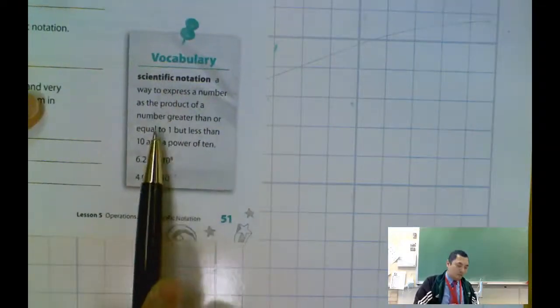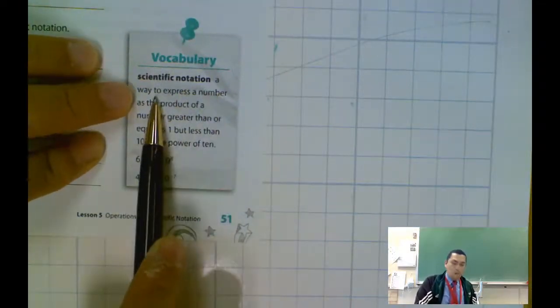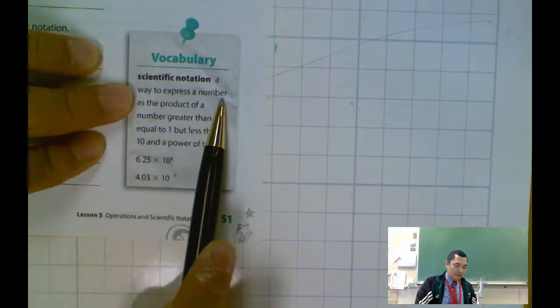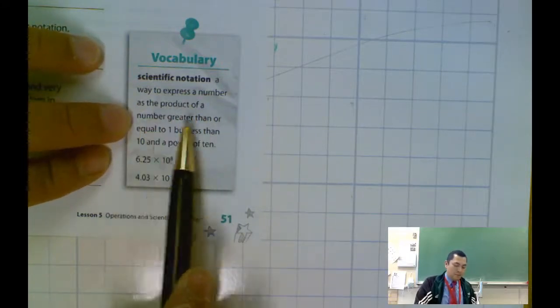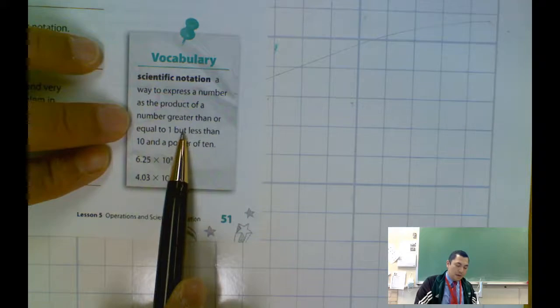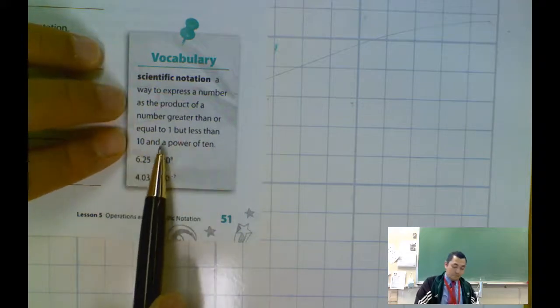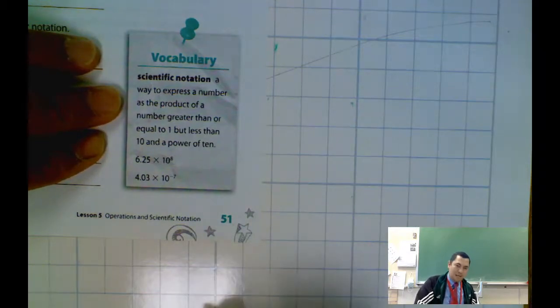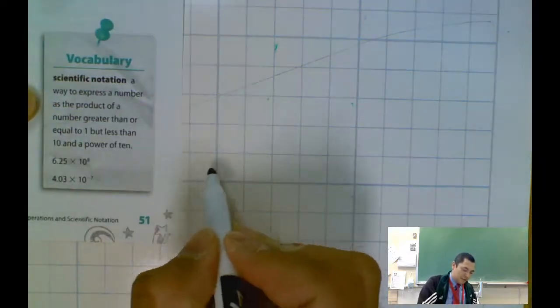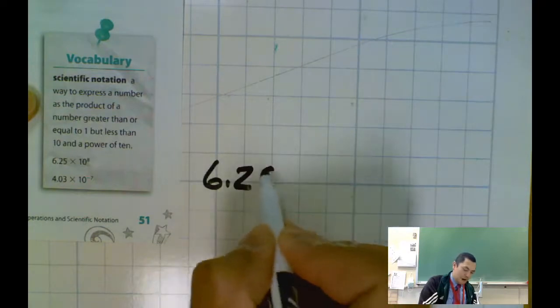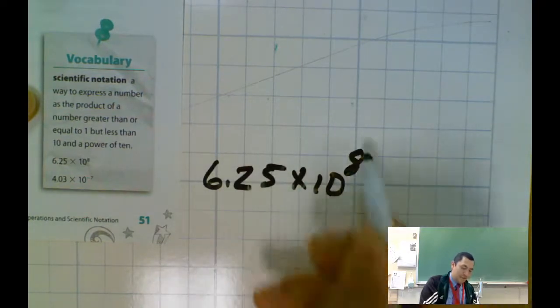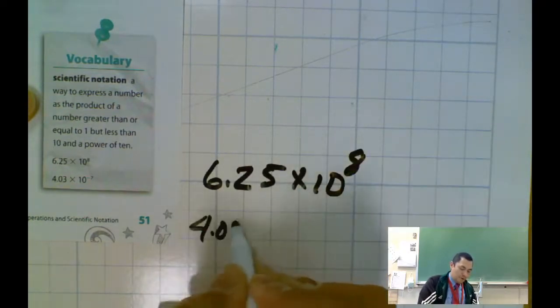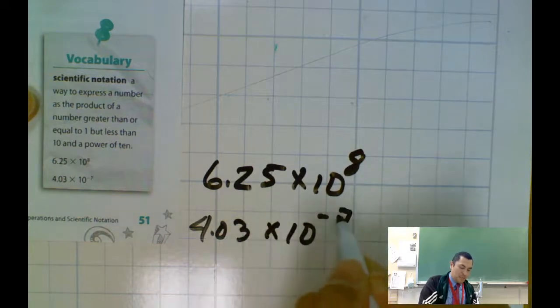Remember that one of the words that we were using is scientific notation. That is a way to express a number as the product of a number greater than or equal to 1, but less than 10, and a power of 10. So most of your scientific notation has to be like, for example, 6.25 times 10 to the 8, or 4.03 times 10 to the negative 7.